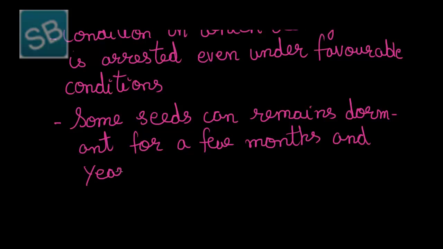Thus, it is not a definite or constant time period of dormancy for any plant, since the time of seed dormancy can vary in different plant species in a different manner.